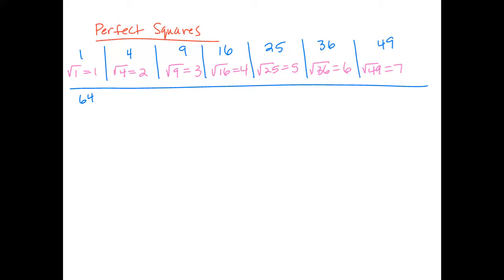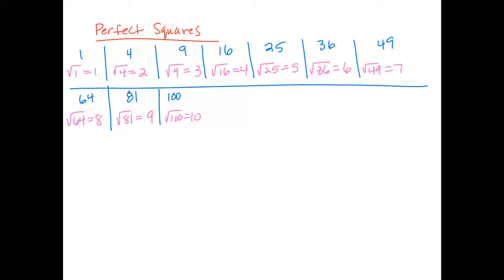So the square root of 64 gives us 8. And then 9 squared is 81. So the square root of 81 is 9. Then my 10 squared is 100.